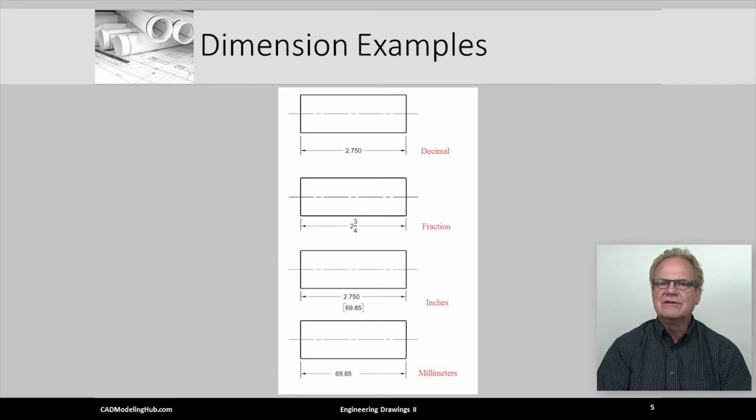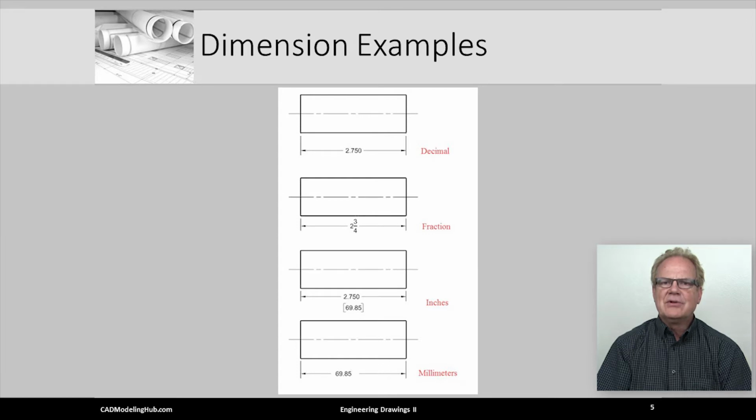Remember, the more significant digits of accuracy, the more the manufacturing costs will increase. Fractional values are used when calling out the size of the raw stock, or when a dimension need only be accurate to a fraction of an inch. For example, accurate to plus or minus 1/8 of an inch.